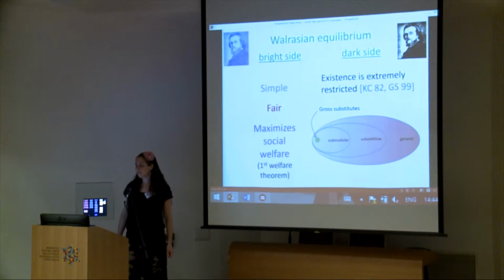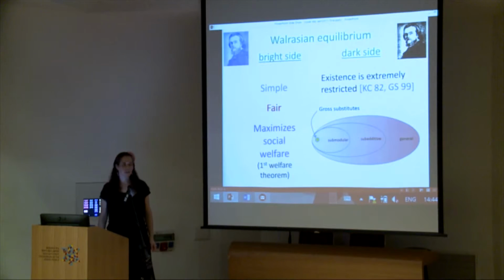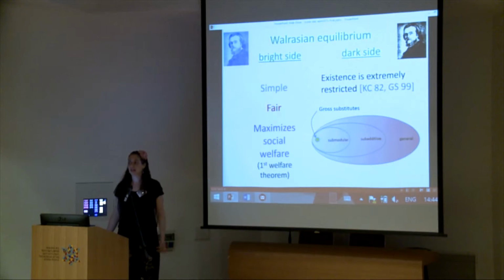And in fact, it is known that a Walrasian equilibrium is guaranteed to exist only for a very, very restricted class of valuations called gross substitutes. So this is the class of gross substitutes. It's really tiny. And we have the whole spectrum of valuations for which we don't have existence for sure. So this is really bad.